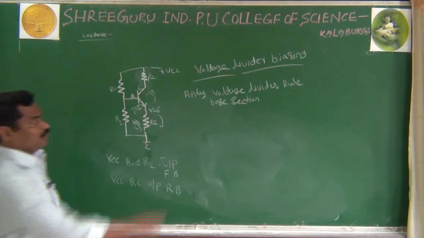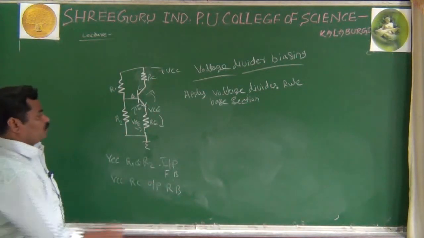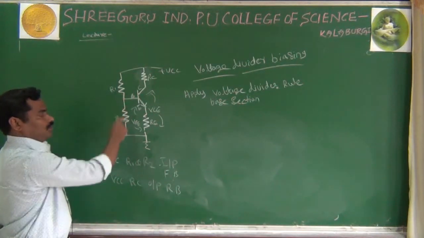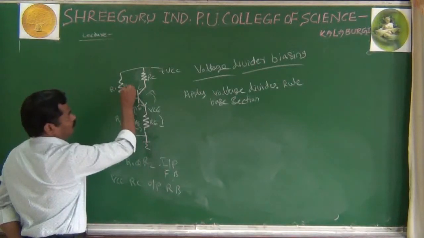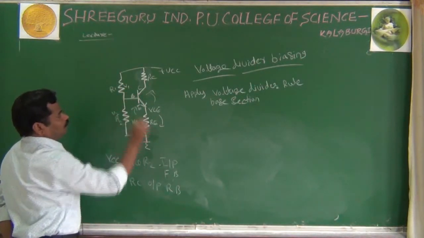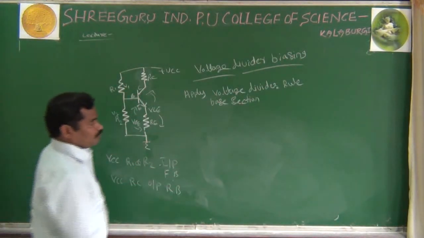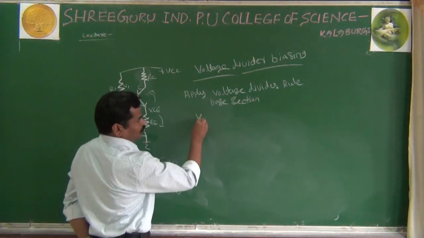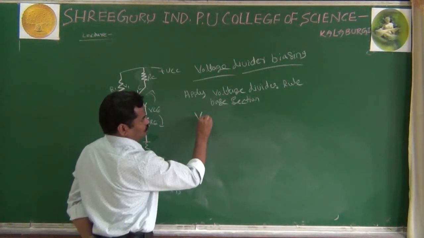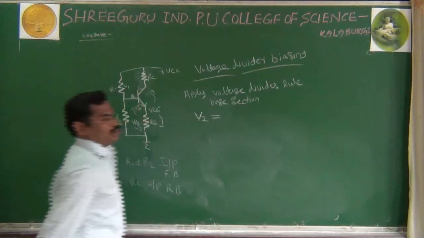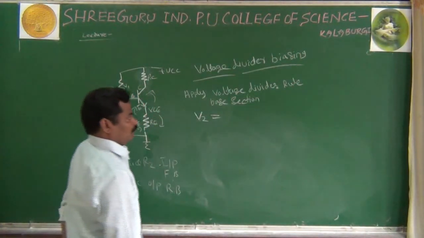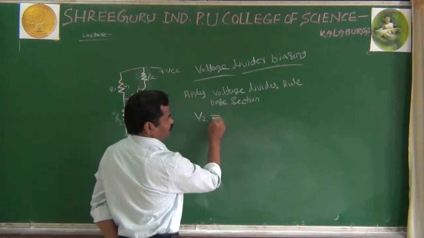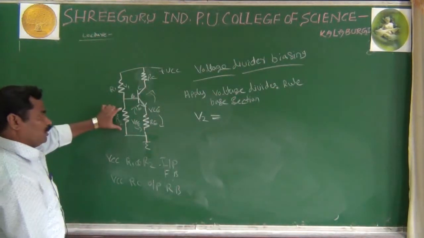Now, if you apply the voltage divider rule to this base section, you can write this is your V1, this is your V2. The important thing is V2, the voltage across R2. As we have studied in first year, apply the voltage divider rule, and we want the voltage across R2.